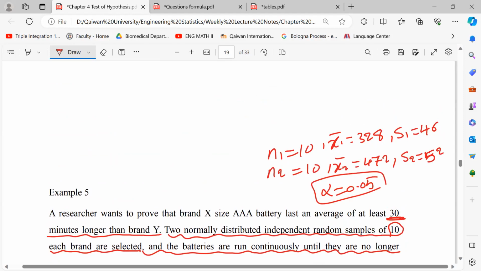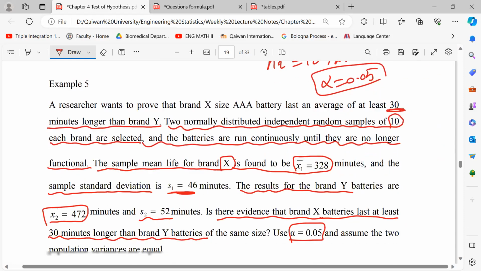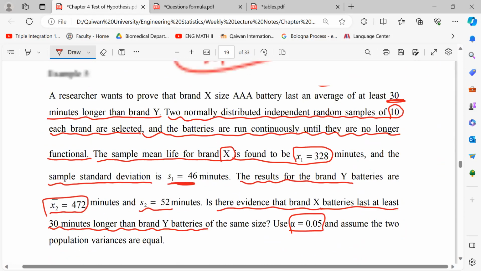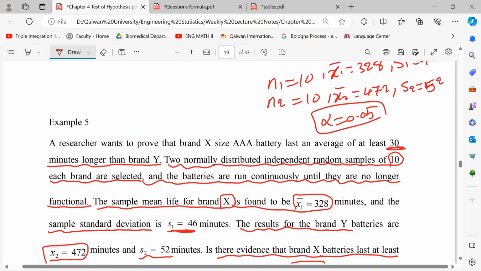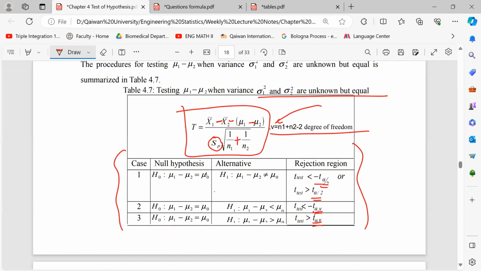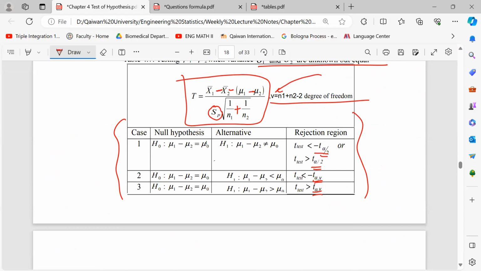This is step 3. In step 3, you just write it down. Okay? We now have two populations. And we have given N1, N2, X1 bar, X2 bar, S1 and S2. Let's return to the table. H naught is mu1 minus mu2, which is the mean of the first brand minus mean of the second brand, is equal to mu naught.